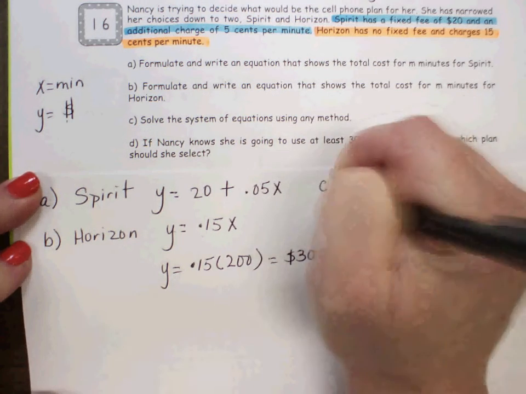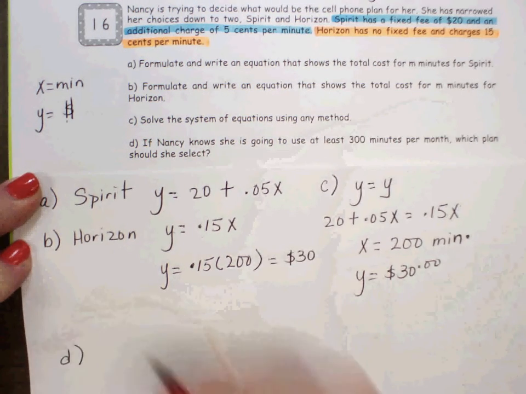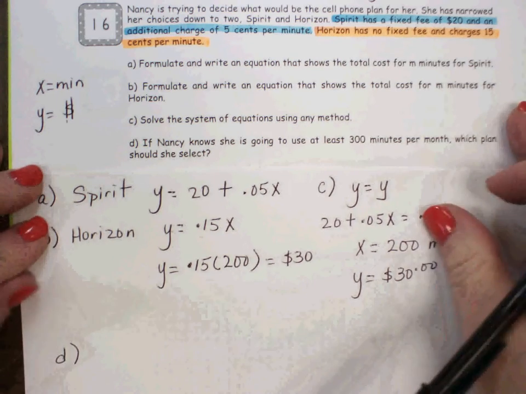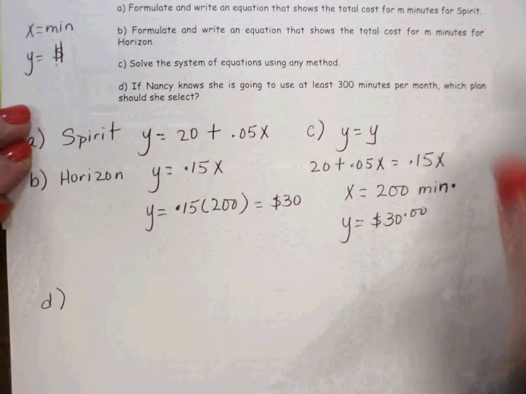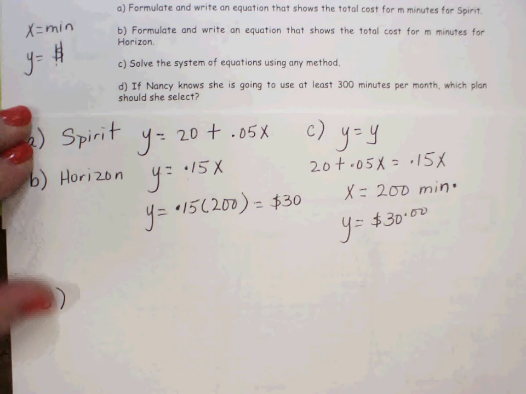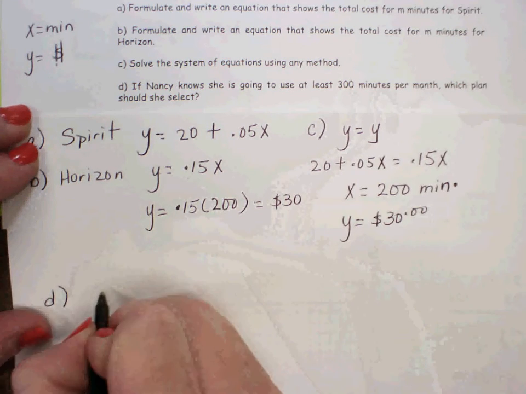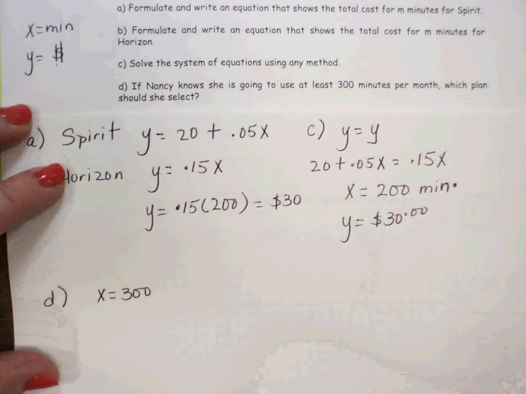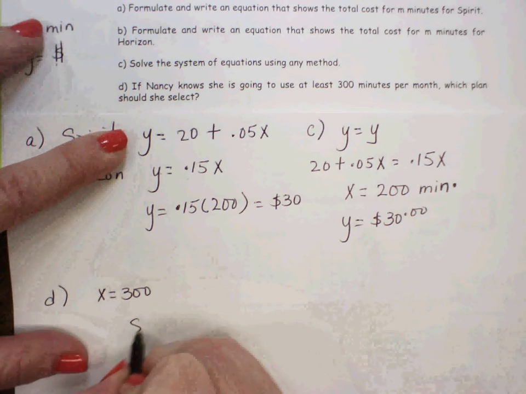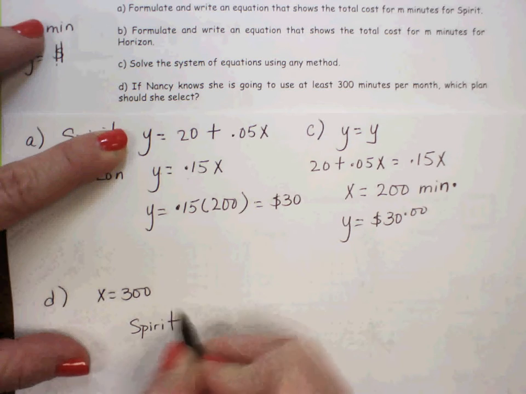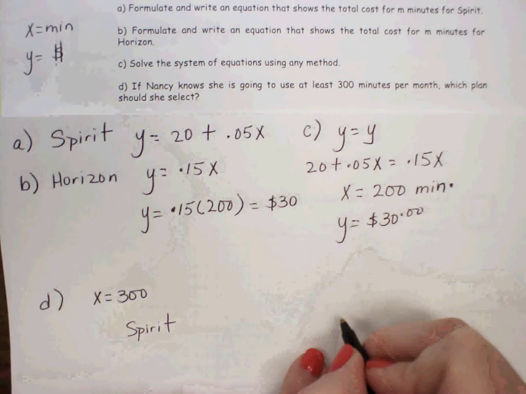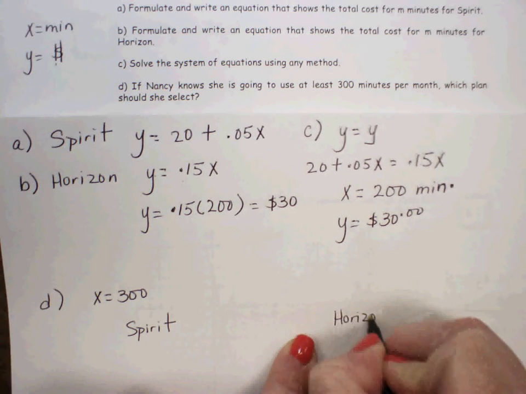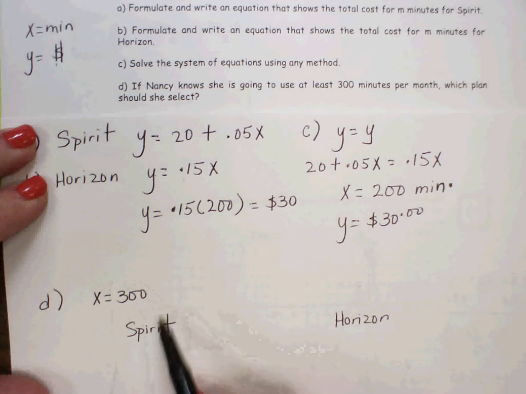So for D it says, if Nancy knows she is going to use at least 300 minutes, so now x equals 300, which plan should she select? So all you have to do over here is go to the Spirit equation and the Horizon linear equation and substitute the value of x by 300.